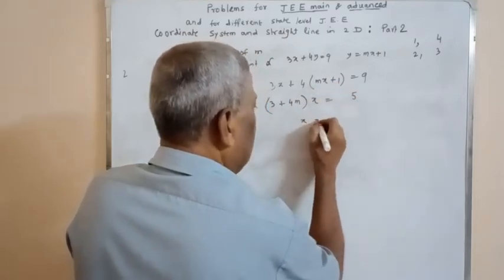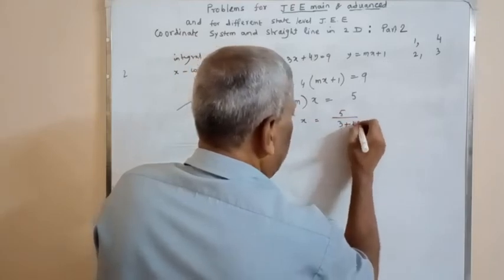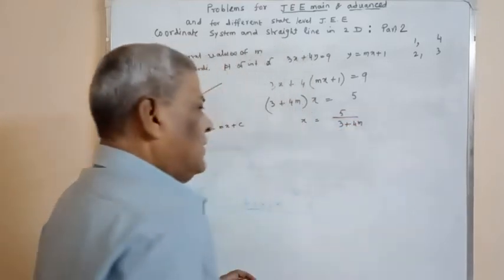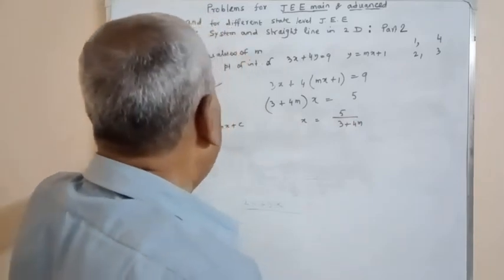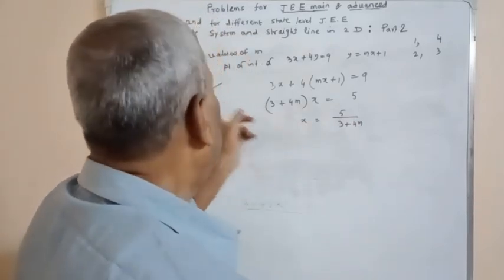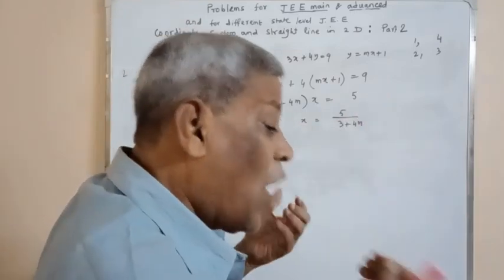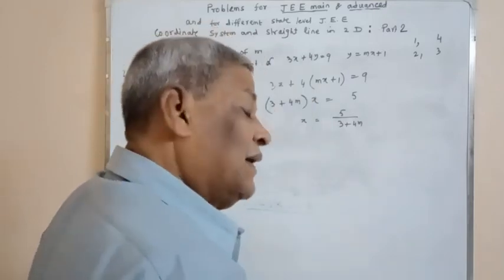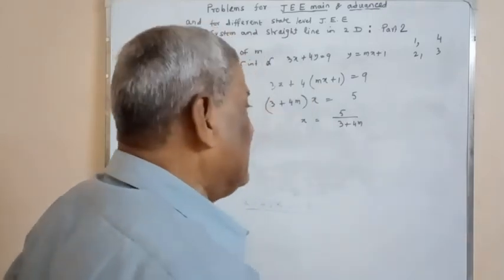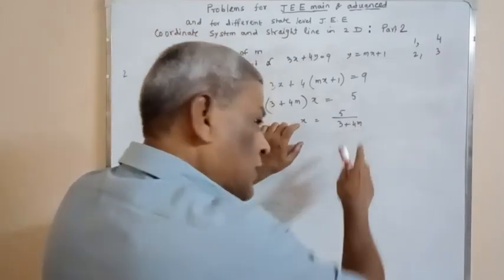That is, the x coordinate is 5 by 3 plus 4m. Now we get the x coordinate of the meeting point, which contains m. We have to find how many integral values of m there are. It means m is an integer, x is also an integer.